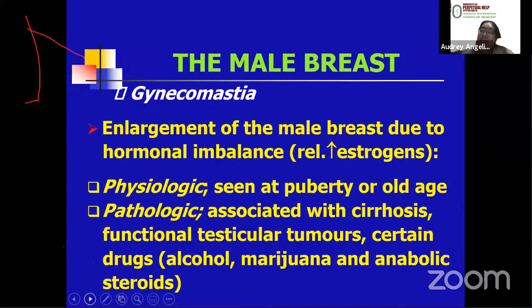Okay. And lastly, of course, males would have breasts as well, and enlargement of the male breast would be due to hormonal imbalance, primarily due to the presence of estrogen. So it could either be physiologic, seen at puberty or old age, or pathologic, associated with cirrhosis or functional testicular tumors in general.